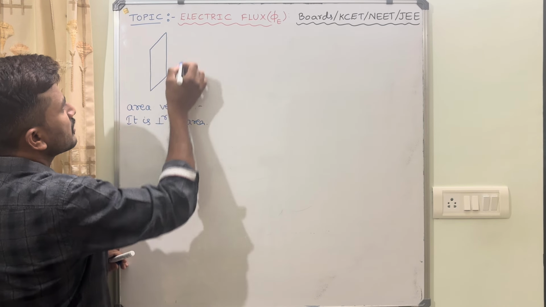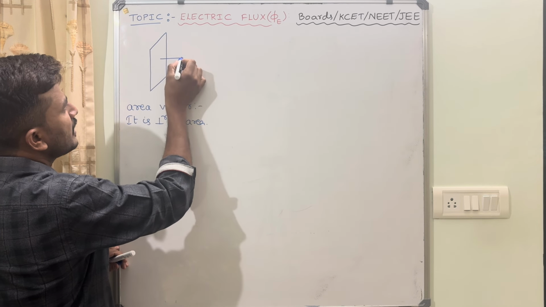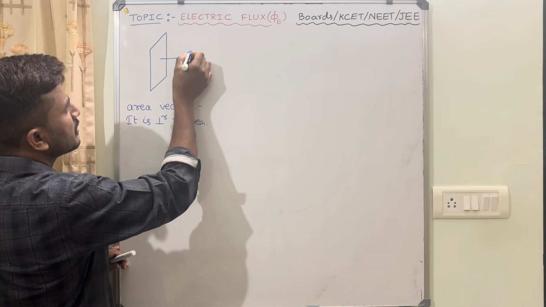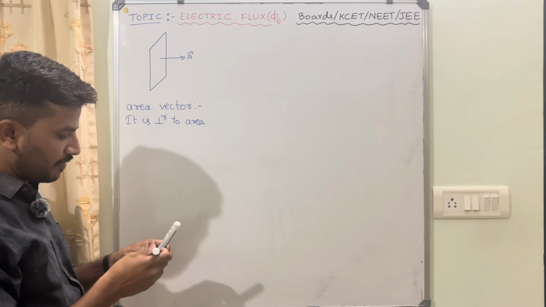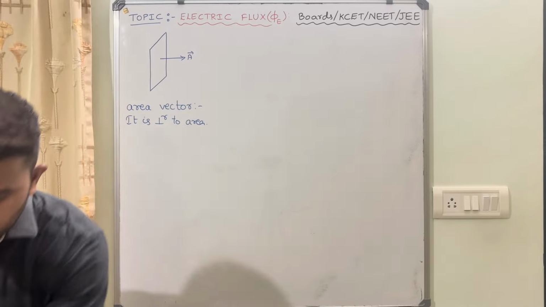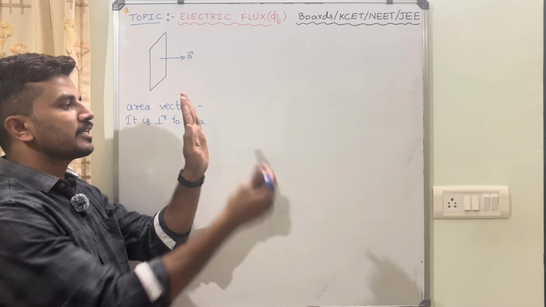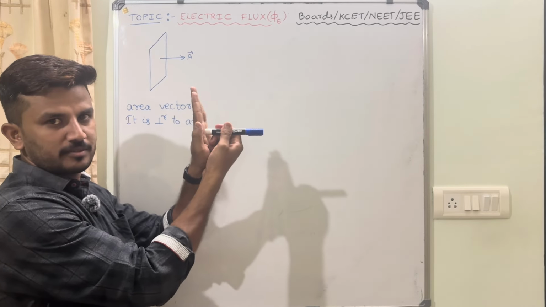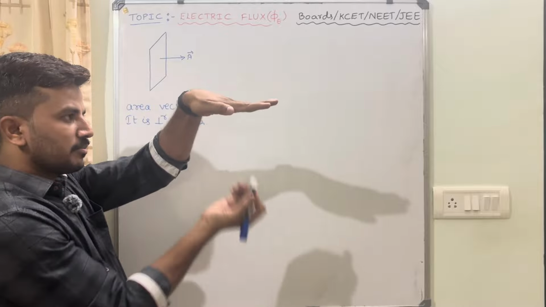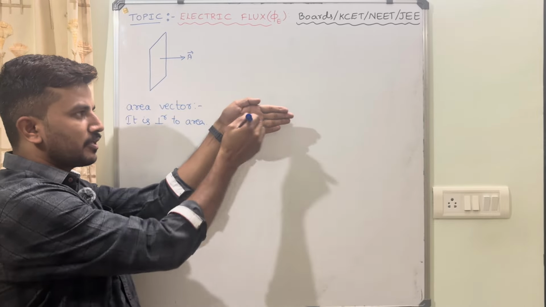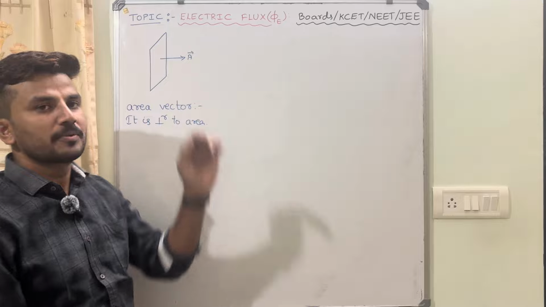For example, here the area is A, then its area vector is represented by this A. If this is the area, the area vector is represented perpendicular to it.